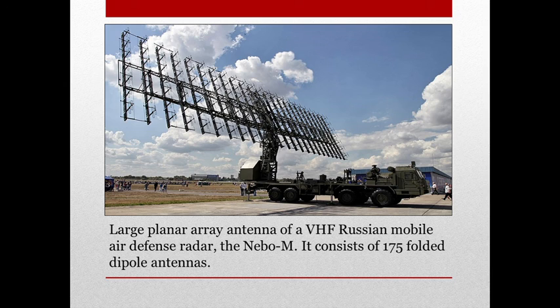It can be broadside because a broadside array is either linear or planar. This is a large planar array of a very high frequency Russian mobile air defense radar, the Nebo-M. It consists of 175 folded dipole antennas. It detects any flying object that intrudes into Russian airspace and then reports it directly to the command control.